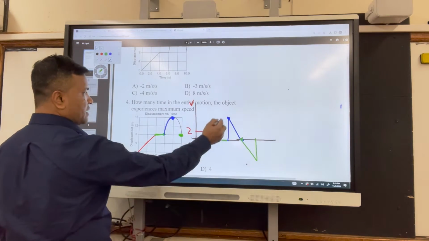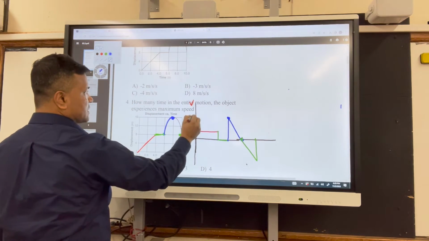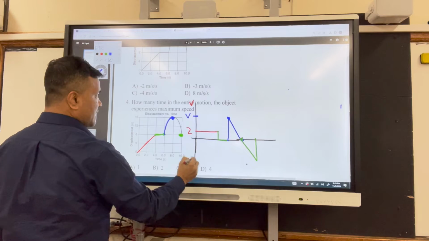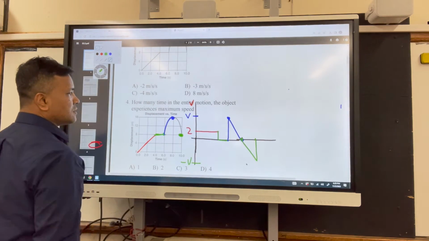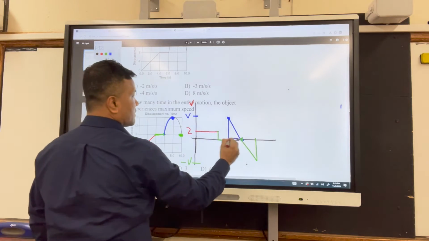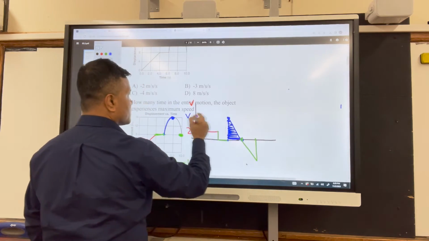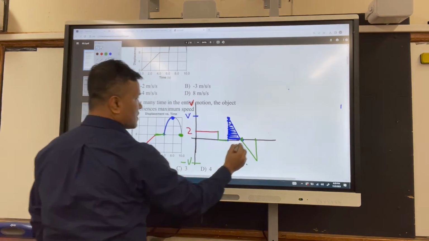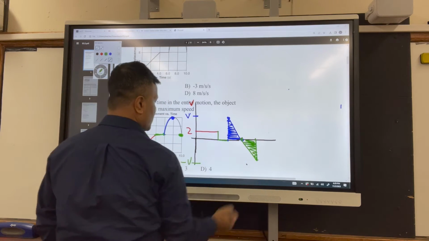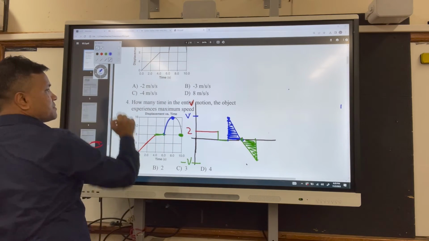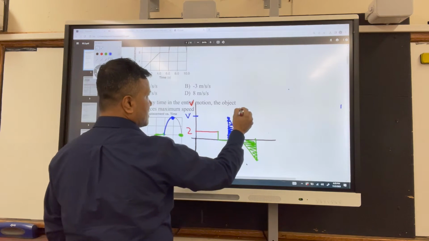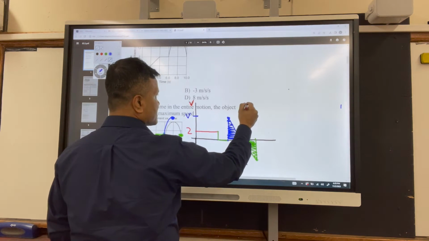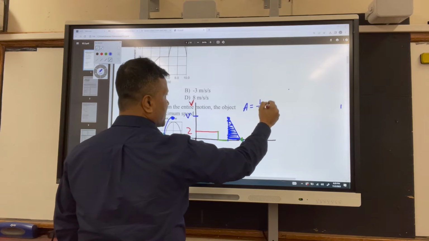As I showed before, this would be negative velocity. We can take the absolute value of this negative velocity. Now this gives you this velocity, and this gives you this velocity. Area is equal to half BH.